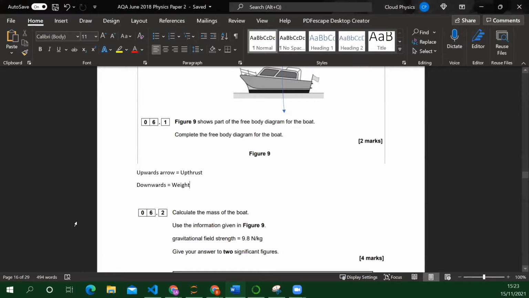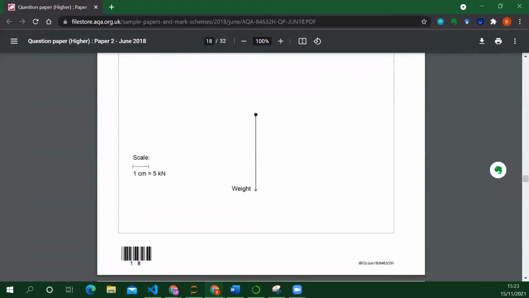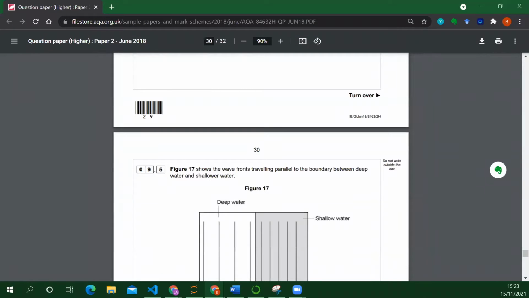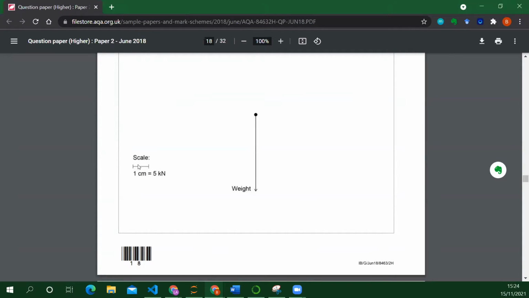Okay, so let's look at the measurement of it, and I'm just going to measure this. So 1 centimetre, so we've got 1, 2, 3, 4.